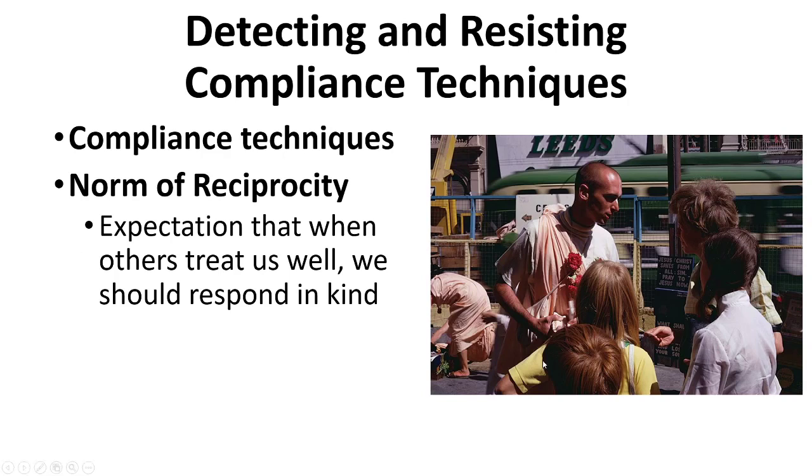So the first of these compliance techniques is the norm of reciprocity, which is basically the expectation that when others treat us well, we should respond in kind. So this image here is showing a particular setup where they were using the norm of reciprocity to try and get more donations for a particular cause. So these individuals would have a bunch of flowers with them, and they would walk around in the crowds and they would say, "Here, this is a gift. Please take this gift," and hand them a flower. Now, because of this norm of reciprocity, because they've done something nice for us, we feel obligated to do something nice in return.